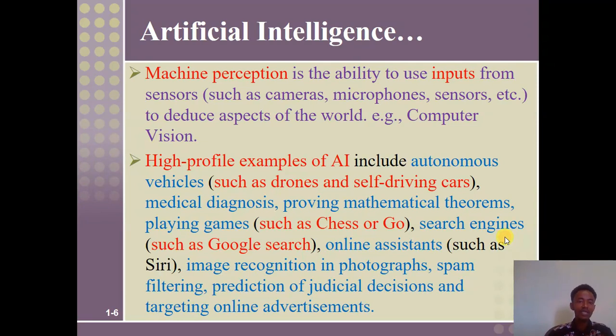Another one is machine perception. In artificial intelligence, machine perception means the ability to use inputs from the sensors.